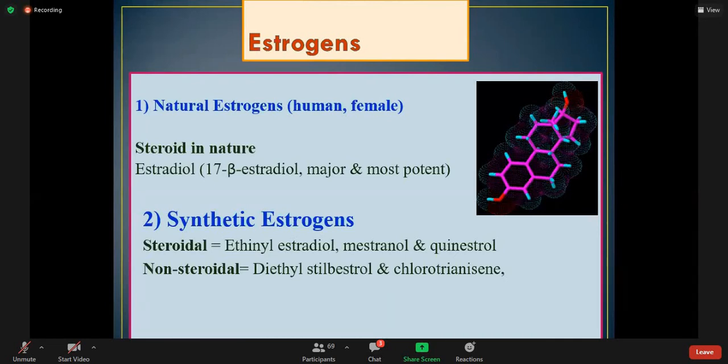Anyone can ask the mechanism of action of these steroids: at cell membrane level, in the cytoplasm, or at nucleus level?